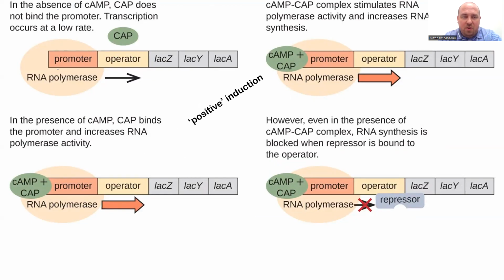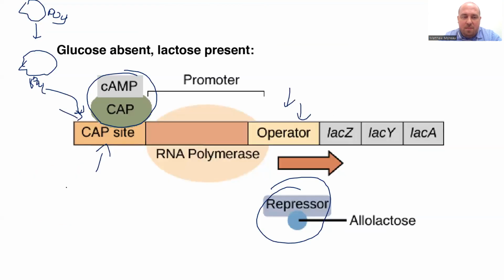Really, there are two important components to this. There is the cyclic AMP binding site, which exists upstream of the promoter region, and the promoter region lying downstream of the operator, which can bind a repressor, which can be alleviated by the presence of lactose. So the system is basically, can we turn on genes that can break down other monosaccharides, or maybe even disaccharides, in the absence of glucose, so that we might be able to catabolize this kind of sugar into glucose.